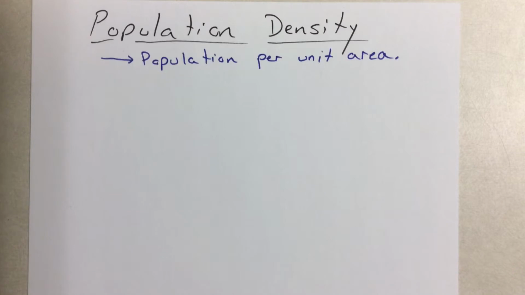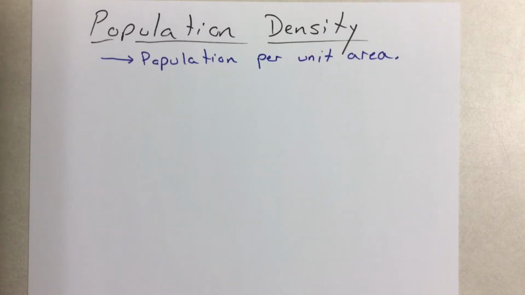Okay, so when we are using this, there's a couple of things that we could do. We could have a population density given to us, and with it determine how many animals or people can live appropriately within a region. So that's what we're going to look at here, determining how many can fit into a region.